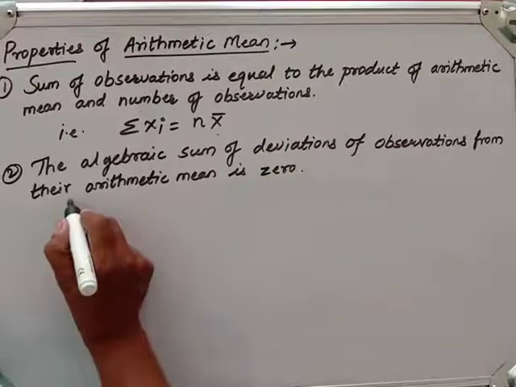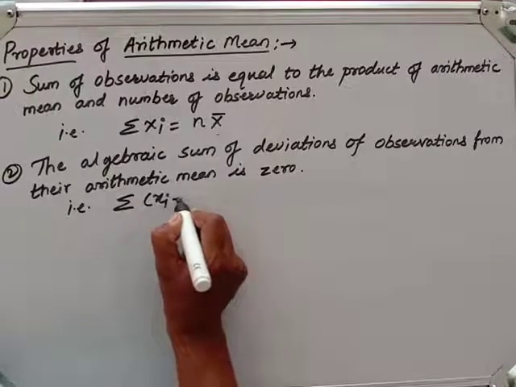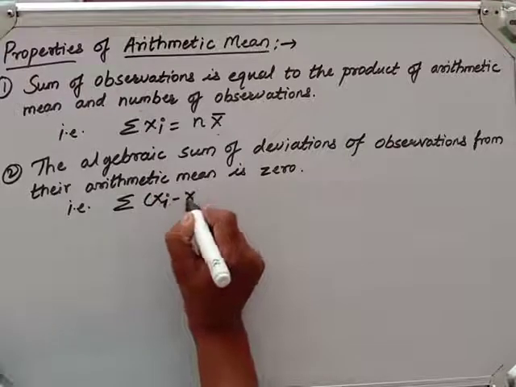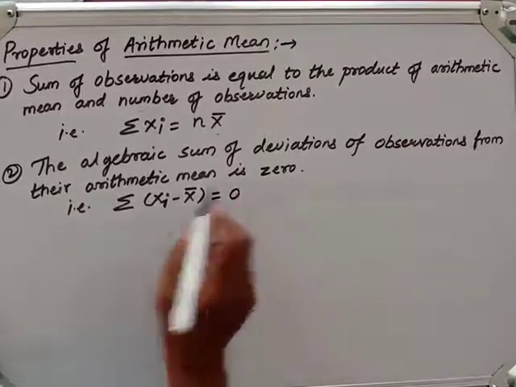That is, summation of xi minus x bar is 0. Now what is meant by deviation?